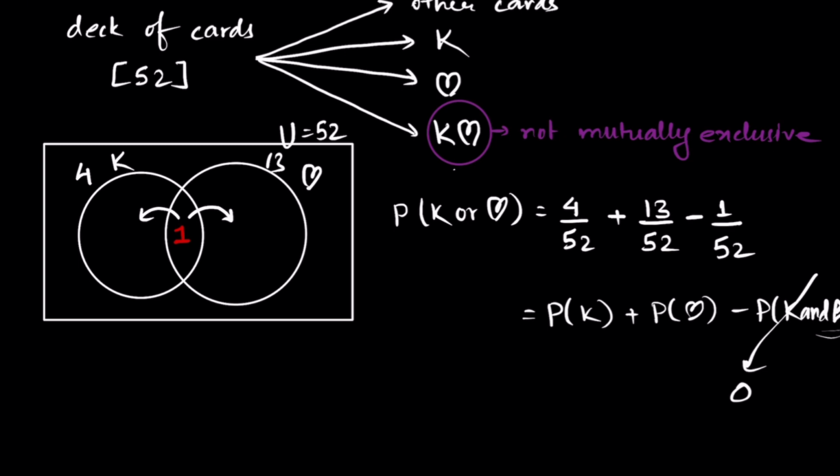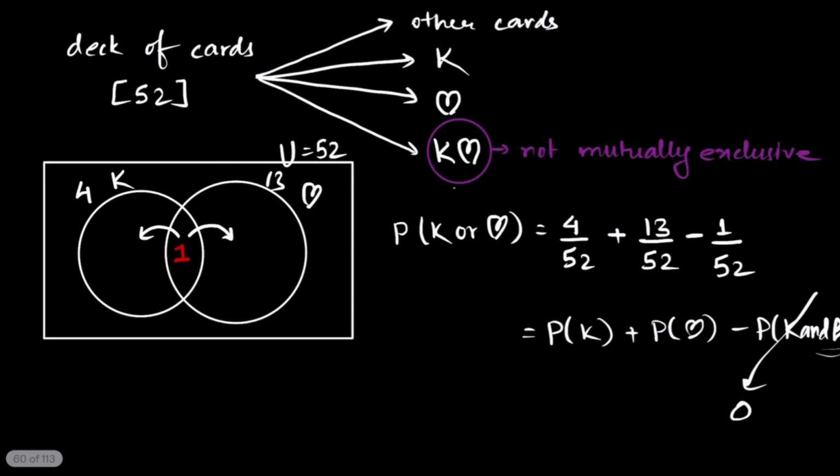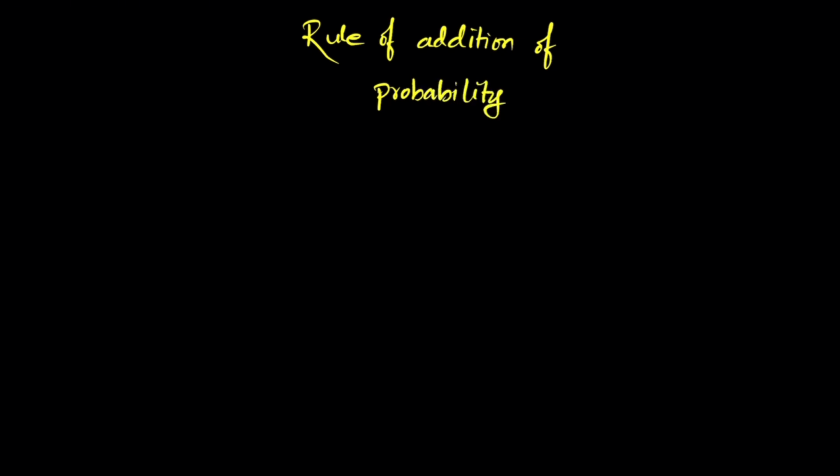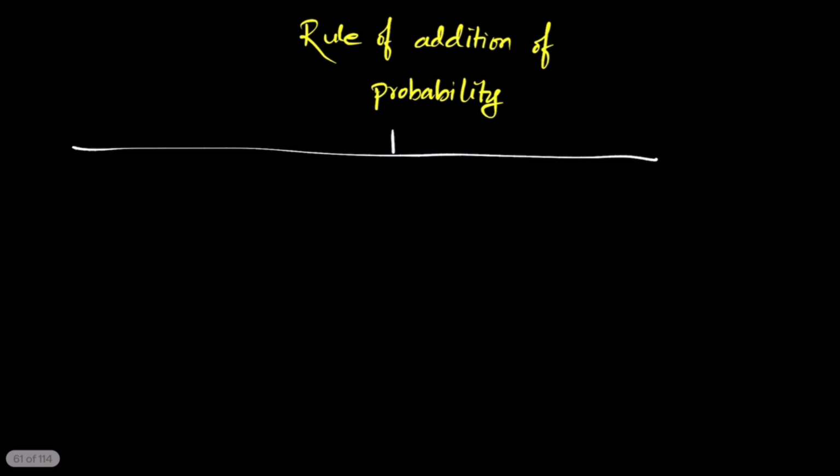Here's the revision. Rule of addition of probability. Under this topic, there are 2 possible situations.